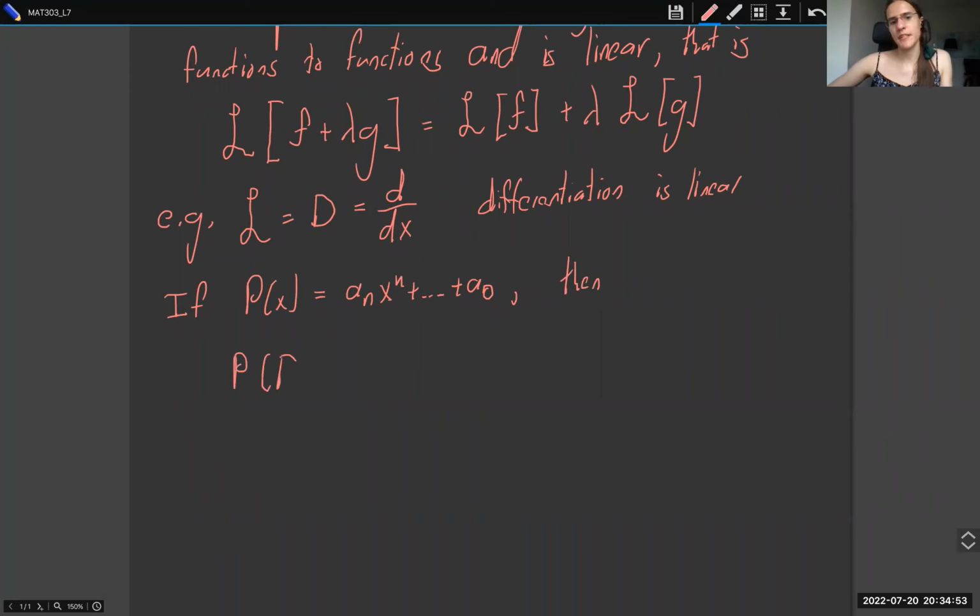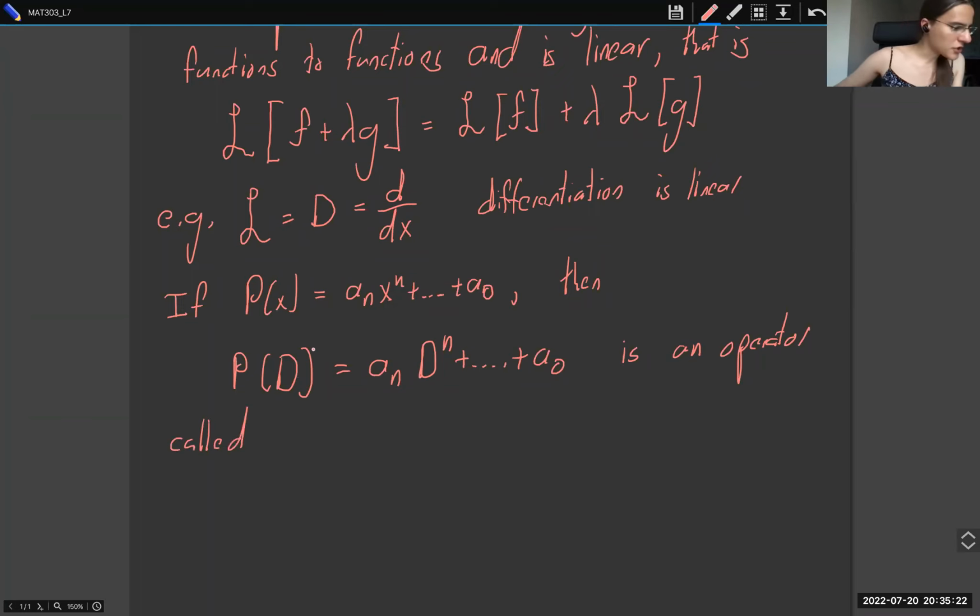So P of D is going to equal a_n D^n plus dot dot dot plus a_0, which is an operator. I call it a polynomial operator. Maybe I'll put differential brackets.